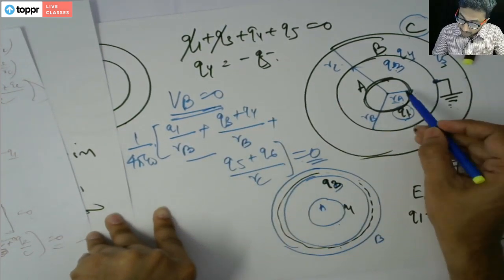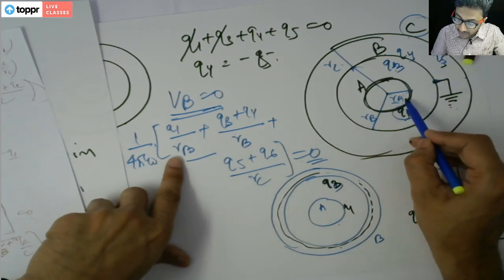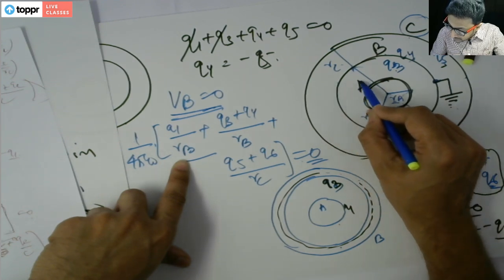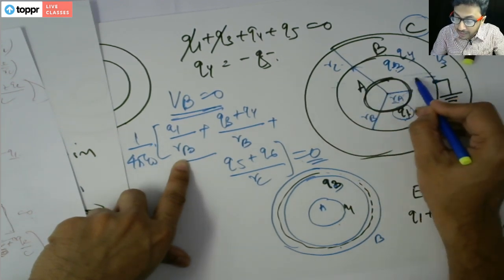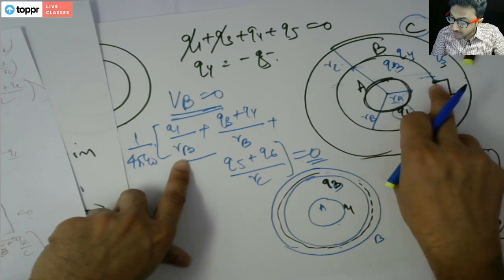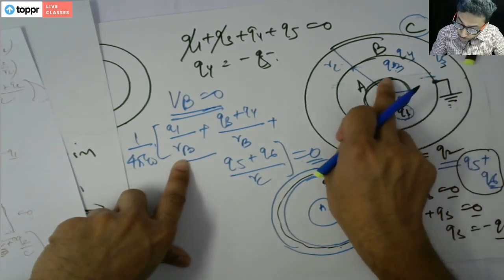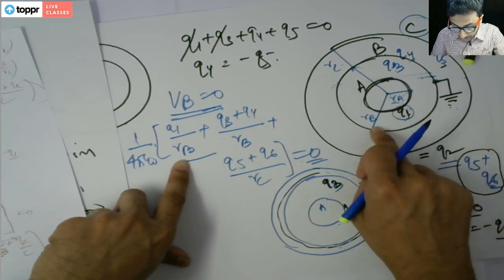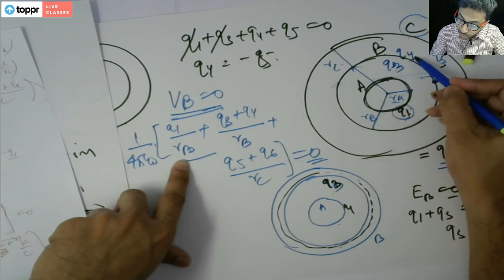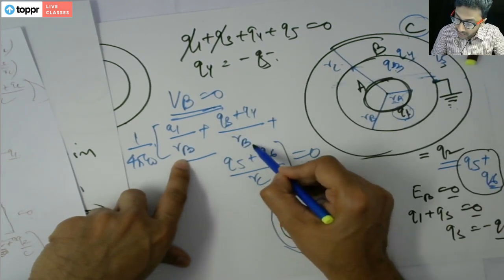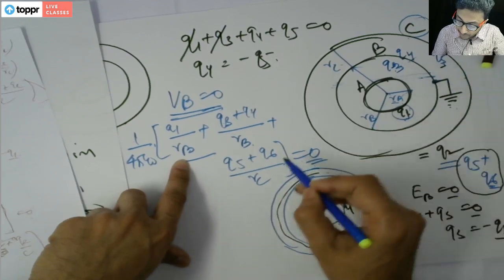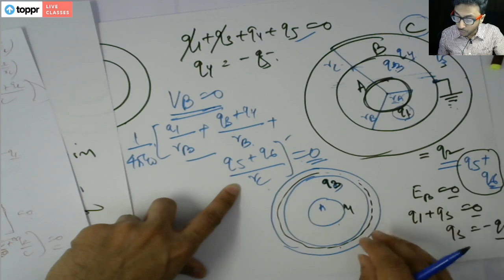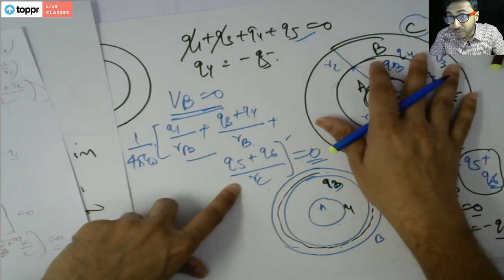Why have we taken RB instead of RA? Because the voltage is uniform throughout the shell. Because we are considering the voltage at B, it should be constant throughout the shell. The charge is Q1, so Q1 by RB only. These charges are Q3 and Q4, so Q3 plus Q4 by RB plus Q5 plus Q6 by RC equals 0. So by solving all these equations, you can find the charge distribution.